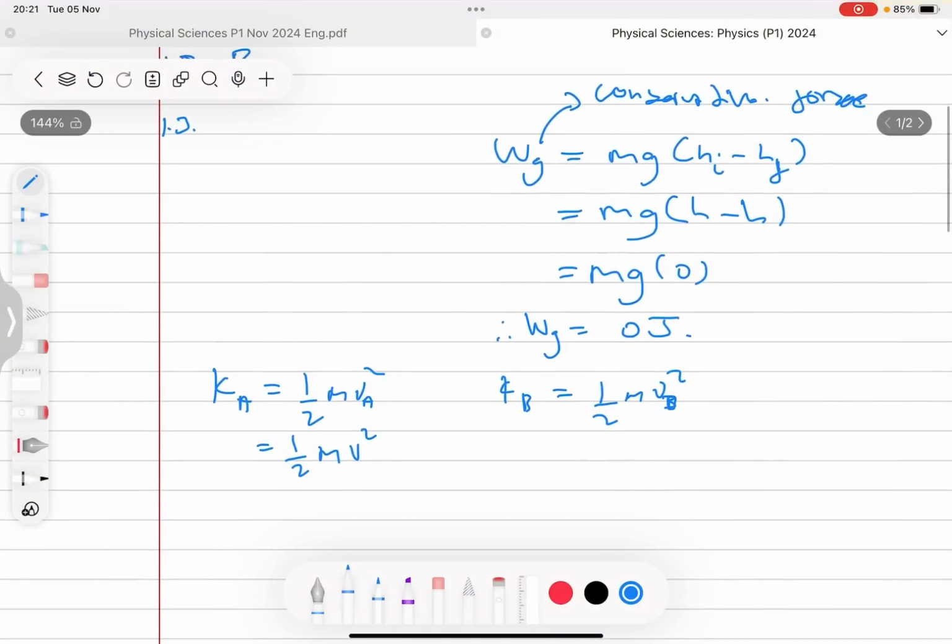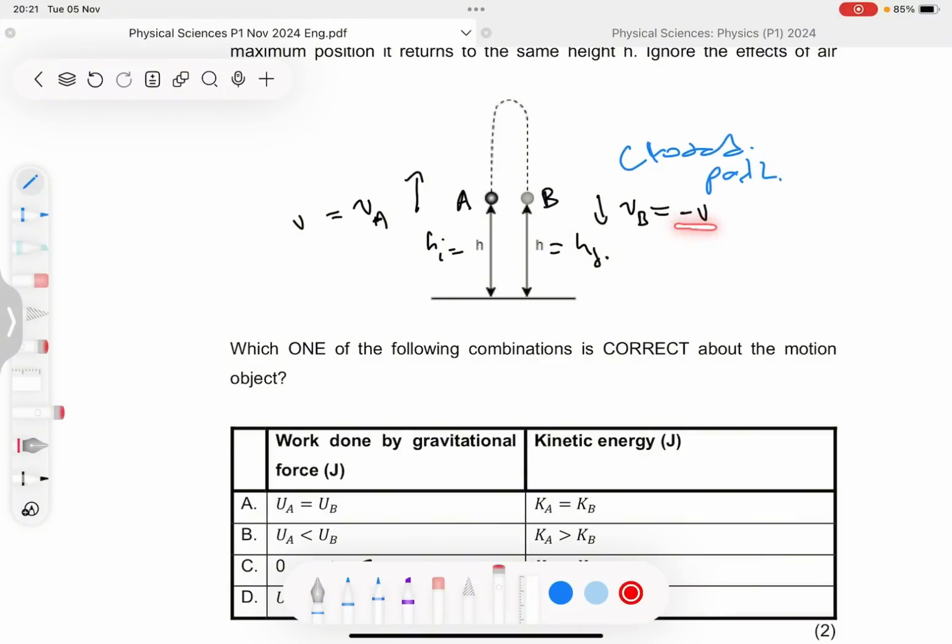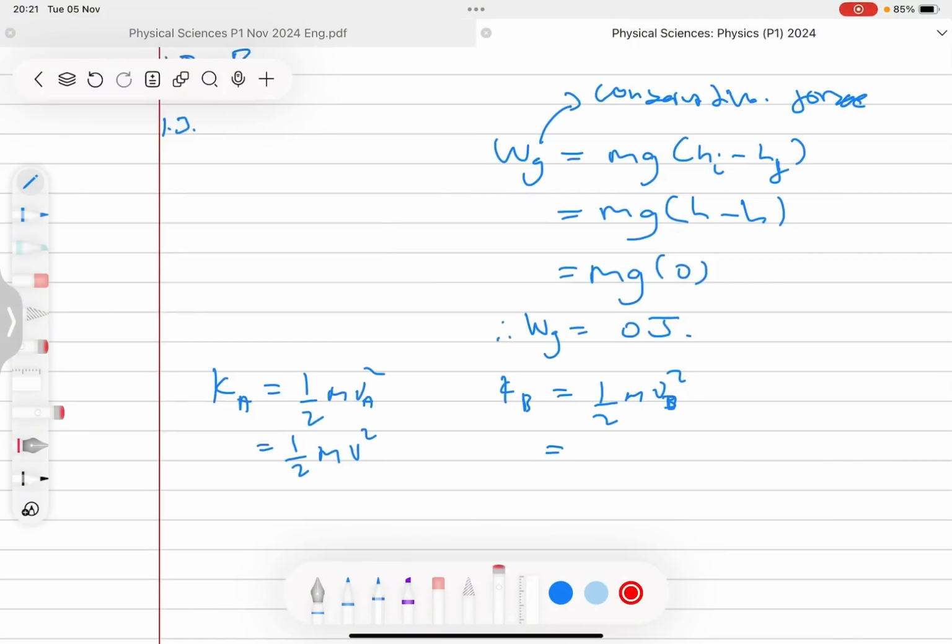Now remember that kinetic energy is a scalar quantity and we only substitute the speed here. So I'm not going to put the negative, because the negative would mean we're calculating velocity. Even though when you put the negative it will cancel, it is not correct to put the negative there, because it means you're putting the velocity. But this thing here is not velocity, it's speed. You only put the magnitude.